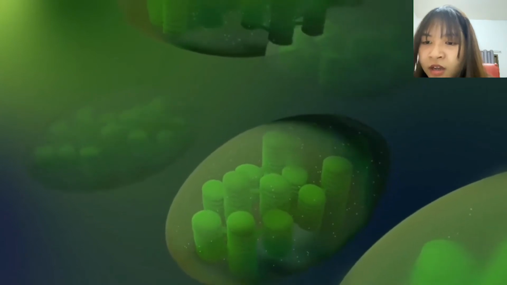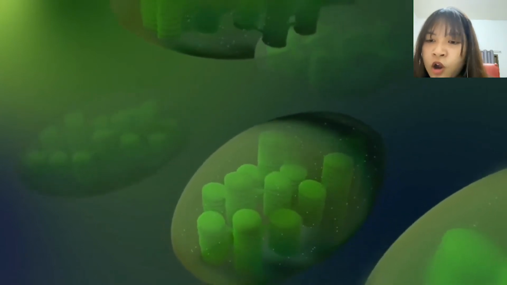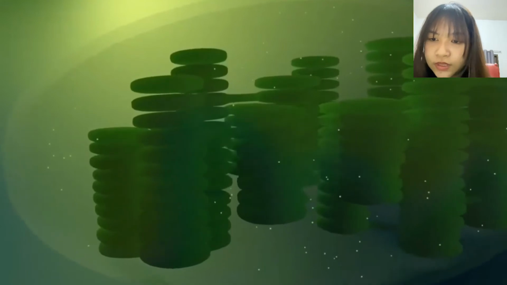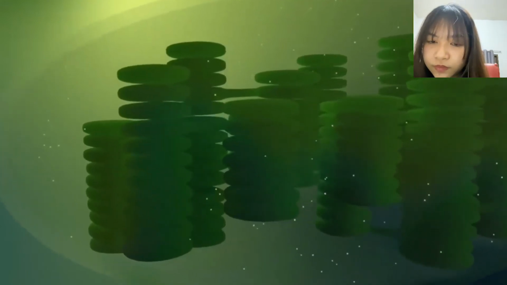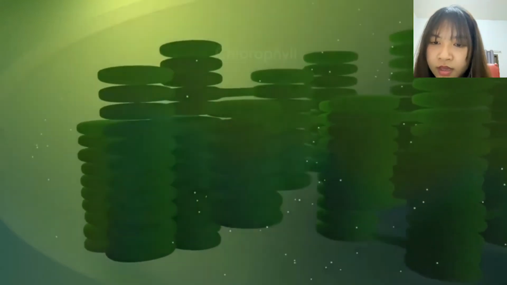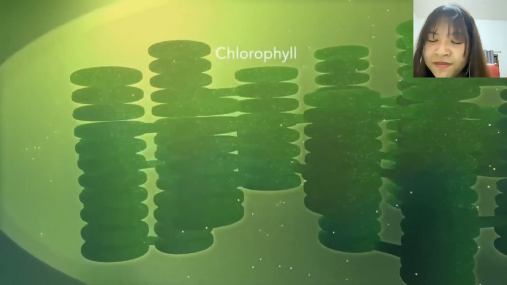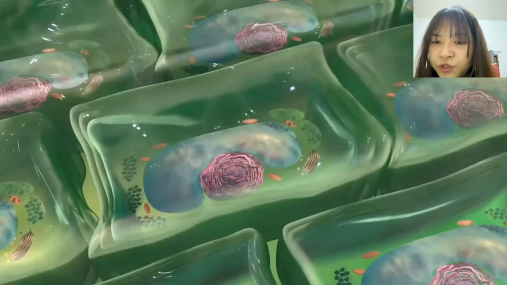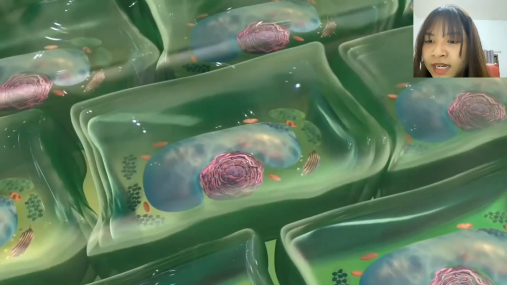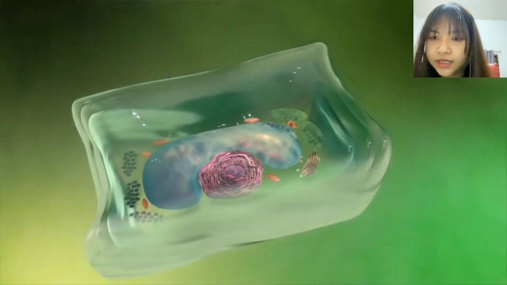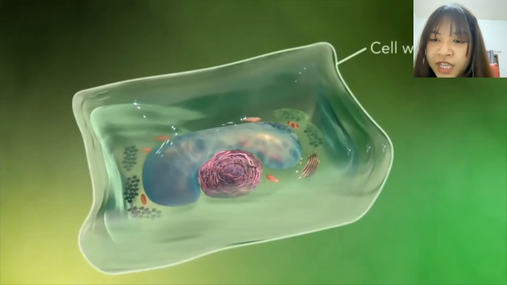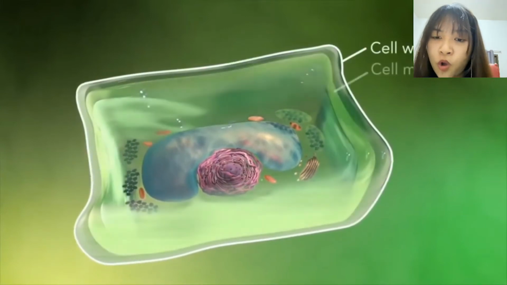It's green because it has a green pigment called chlorophyll. Plant cells also have a cell wall outside their cell membrane that shapes, supports, and protects the plant cells. Animal cells never have a cell wall.